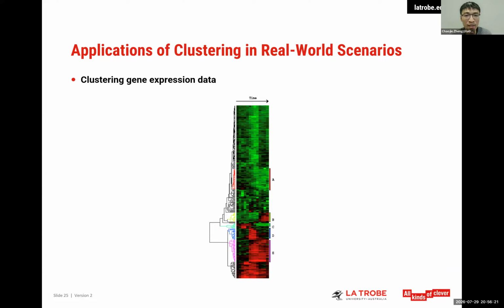These groups may represent certain groups of genes that work together or have similar or strongly correlated functionality. So we can use clustering to group them together to give us some insight so that we can do further analysis inside these groups. Otherwise, we may be lost in this large amount of data.